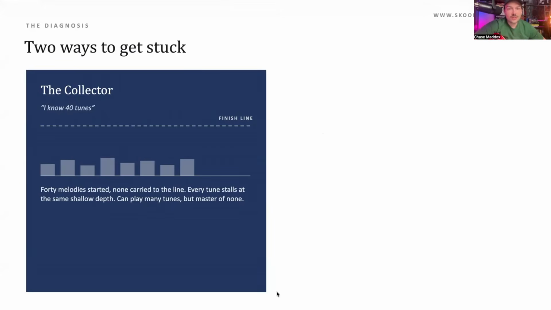And that causes a lot of issues if someone wants to play a tune with you and you're like, well, I kind of know the chords, but I don't know the melody. I know the melody, but I don't know the chords. I can't improvise. And so you feel like you can't actually make use of the repertoire that you know. So you can play many tunes, but master of none. We need to have a standard for the skills required for mastering. So that's the first one, the collector.